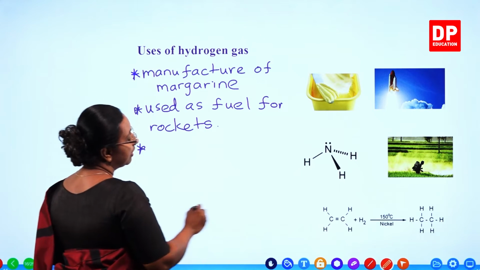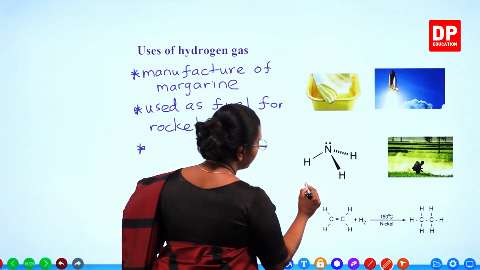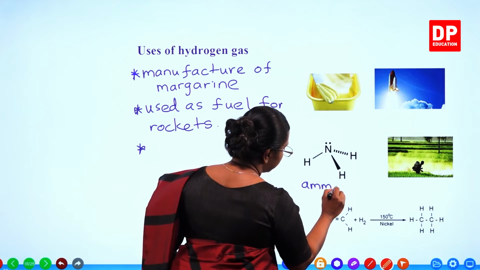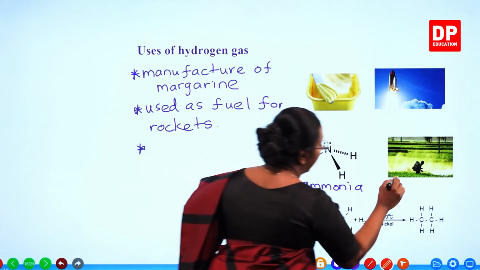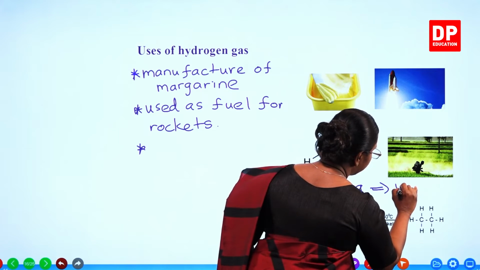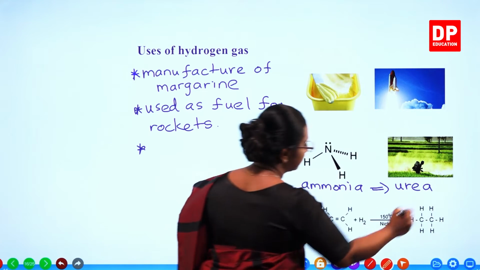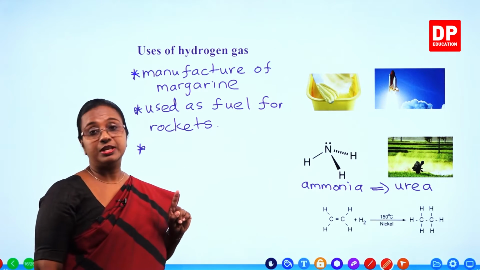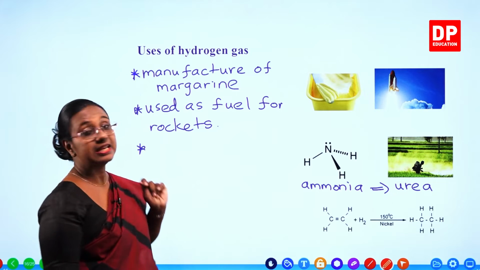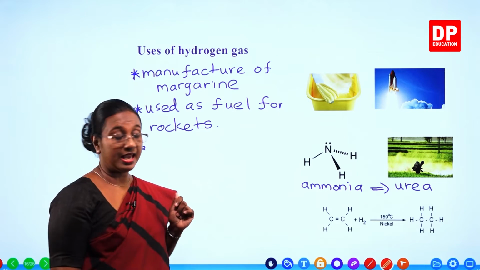Then you can see here, this is ammonia gas, you're familiar with that, NH3. And from ammonia, we can prepare nitrogen fertilizers like urea. So to produce ammonia, we react hydrogen gas with nitrogen gas.